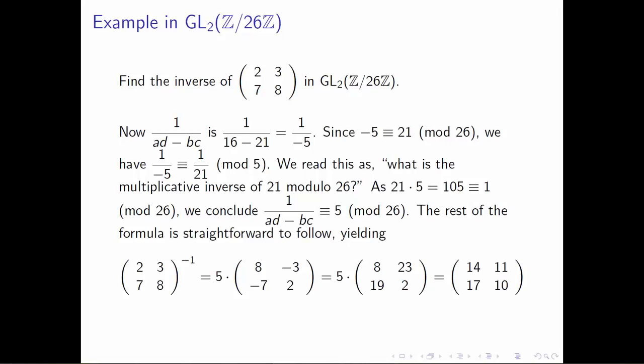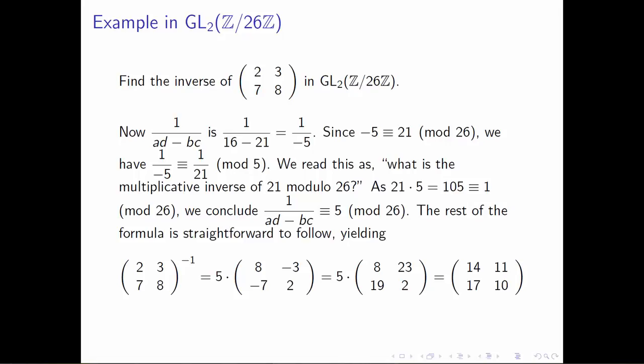That is, 21 times 5 is congruent to 1 modulo 26, and that's our answer. If I'm looking for the multiplicative inverse of 21 modulo 26, which is how I should interpret 1 over 21, then I'm looking for 5, since 5 is the multiplicative inverse of 21 when I'm working mod 26.